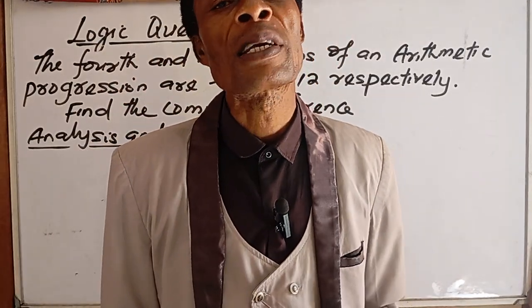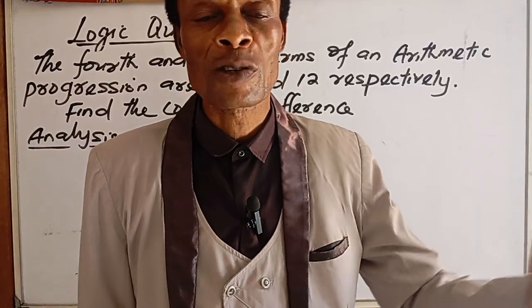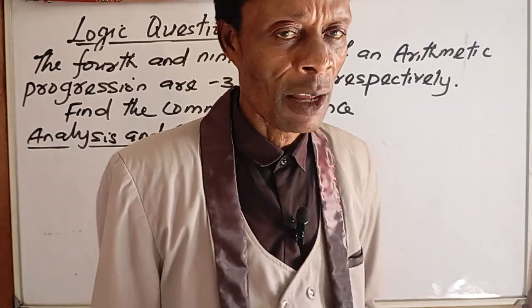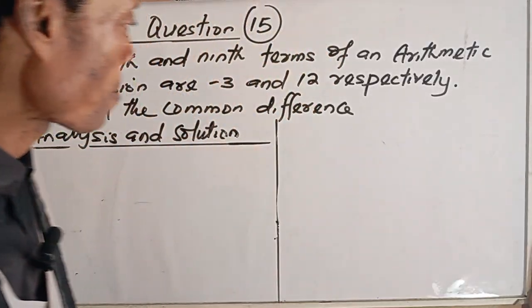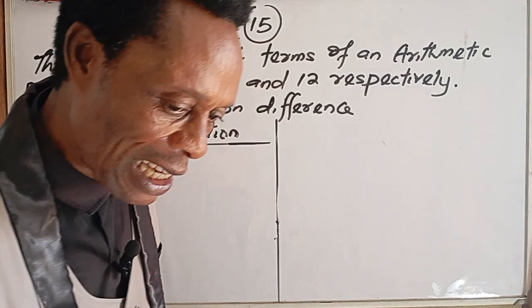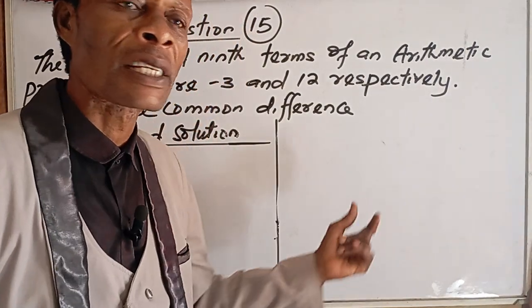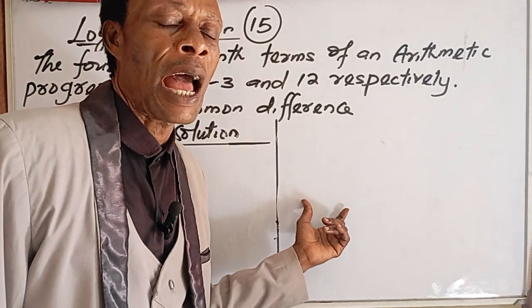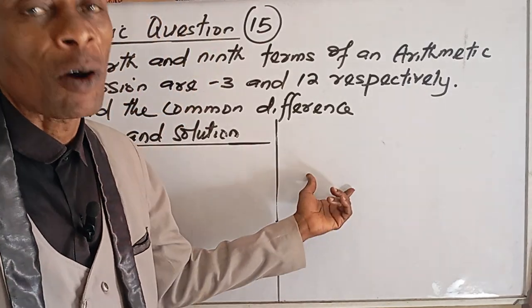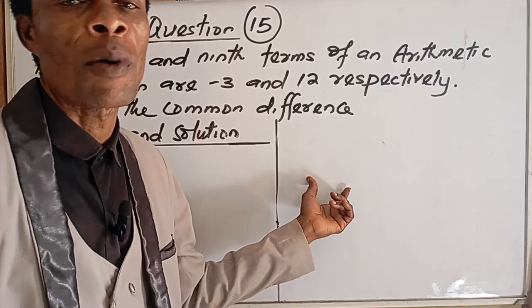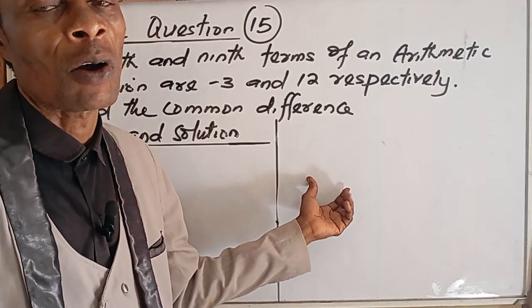So how are the terms of the sequence of an AP generated? To generate the sequence of an AP, we need to get the first term, and also the common value, which is also called the common difference.